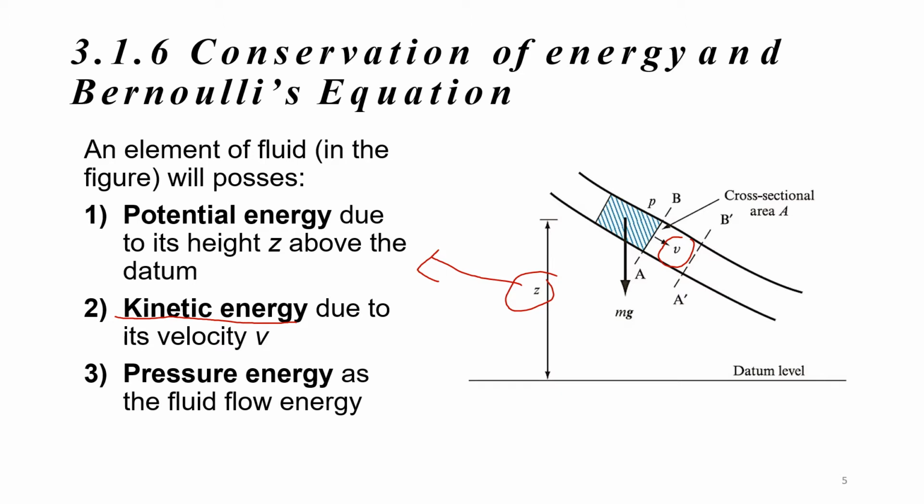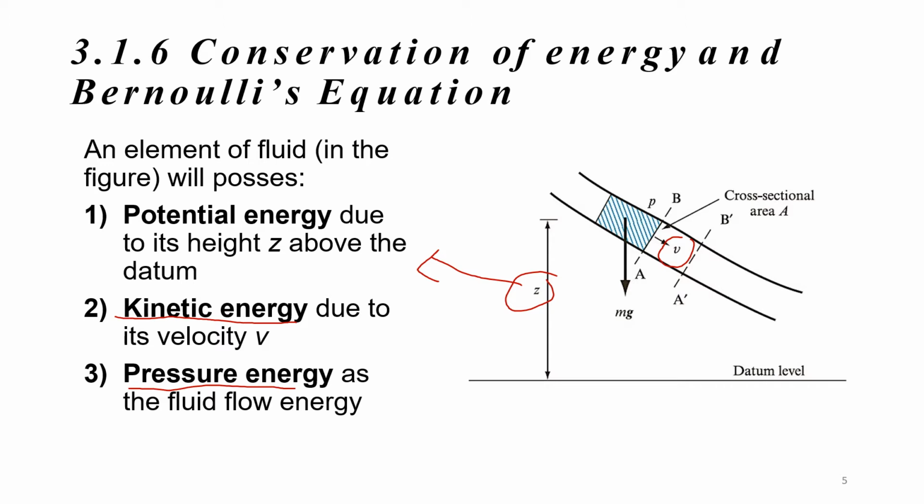And then another one is pressure energy. Why does pressure energy happen? It is because the fluid flow actually contains energy. When the fluid moves from one part to another part, it brings the energy together. So we have the pressure energy.